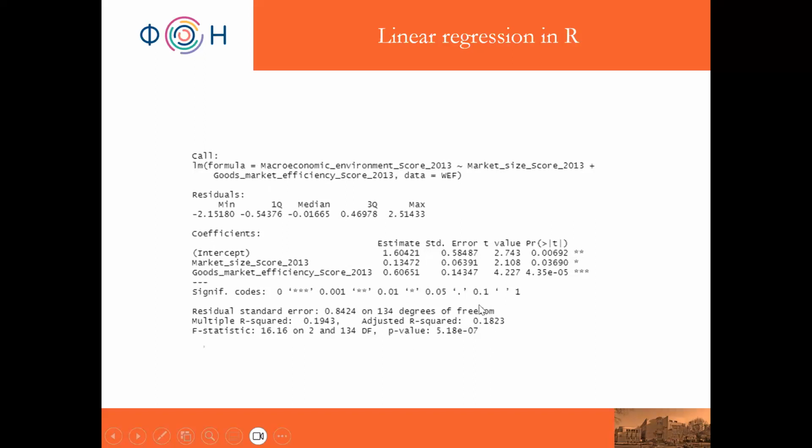So this value, in fact, tells us how well our independent variables explain our dependent variable. Looking at this value, we can say that this is not such a good model. I mean, 0.18 is not that much.